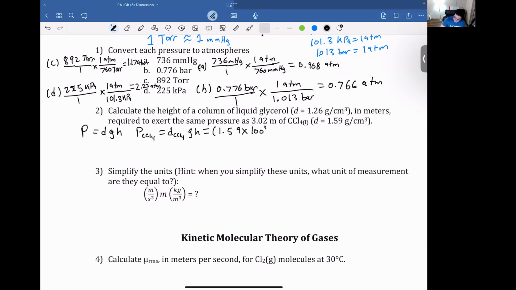So using a conversion factor, convert from centimeters cubed to meters cubed. I won't write that out just because of space here, but that's all that part is. It's a conversion. Times 3.02 meters for the height times 9.8 meters per second squared. Right, the reason we want this in meters is because these other things are in meters.